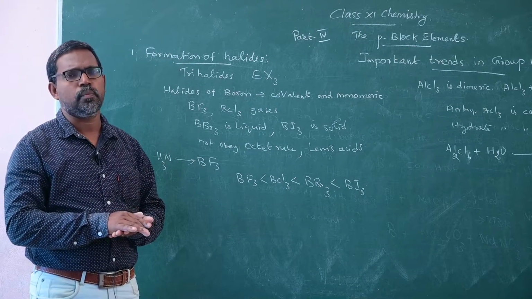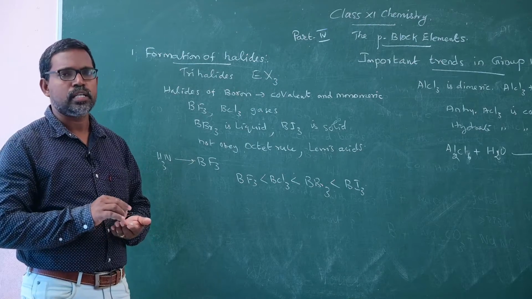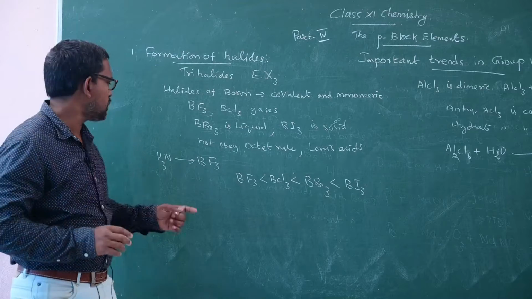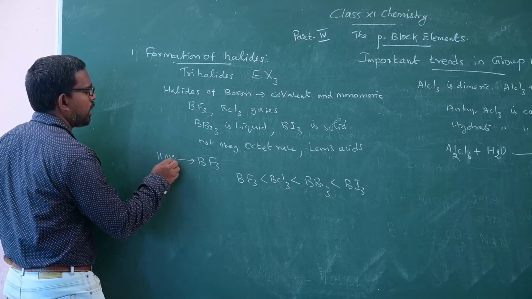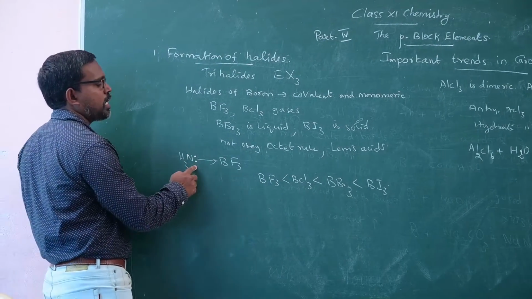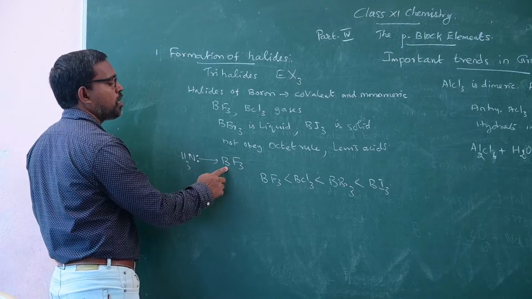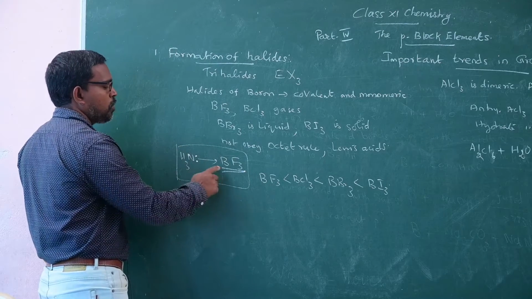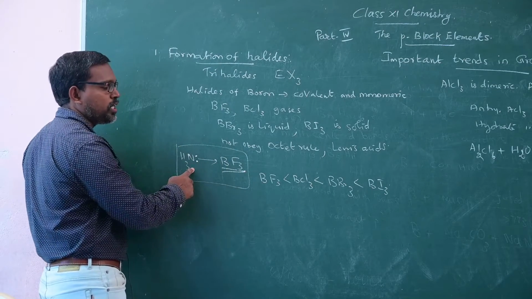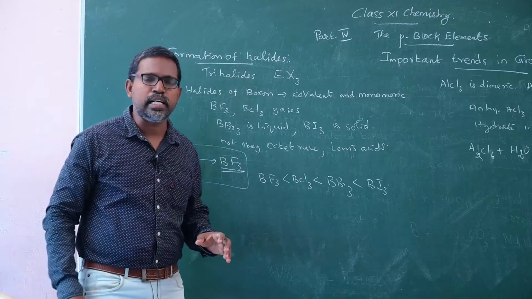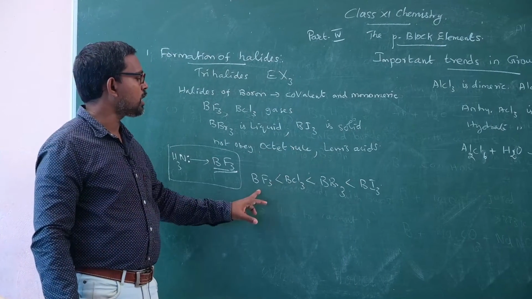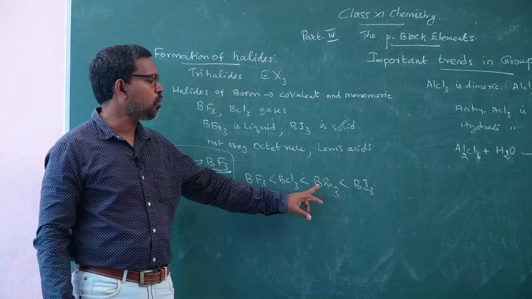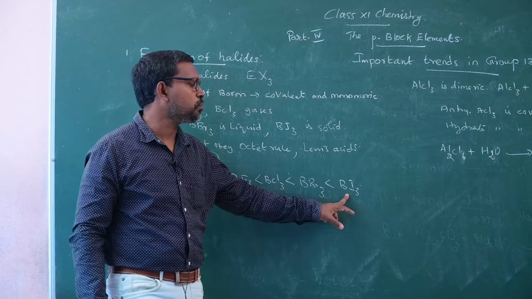They combine with ammonia, where nitrogen contains a lone pair of electrons. Nitrogen readily donates the lone pair to boron trifluoride to form an adduct of a Lewis acid and a Lewis base. The relative acidic strength of these boron halides is in this order: boron trifluoride, boron trichloride, boron tribromide and boron triiodide.